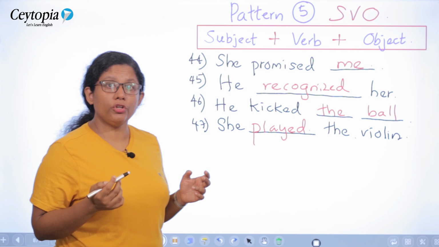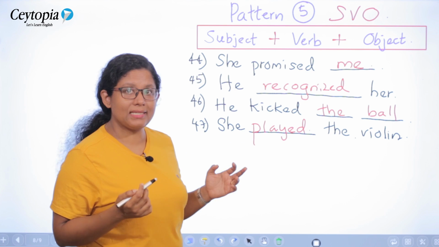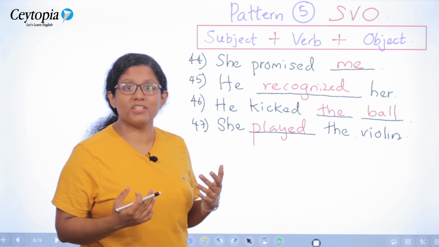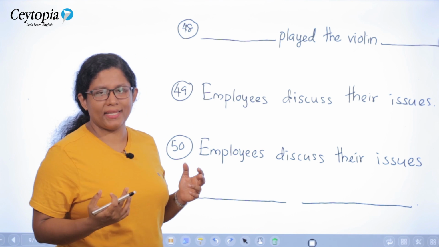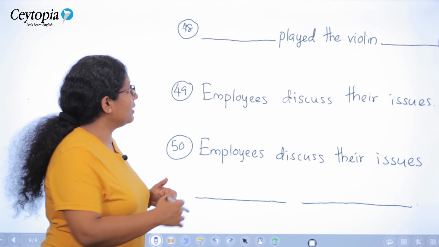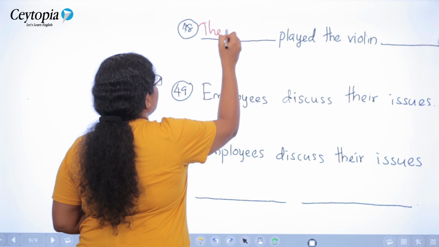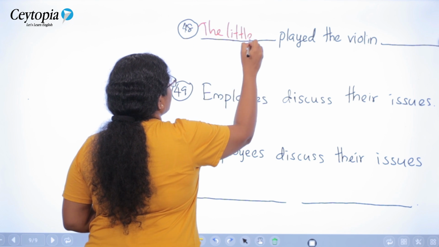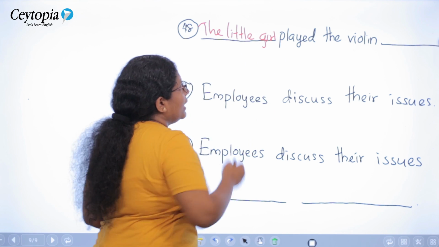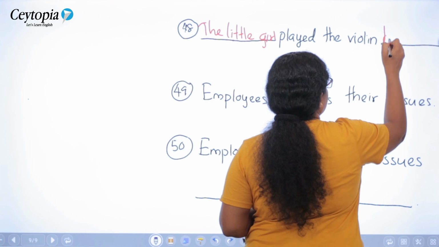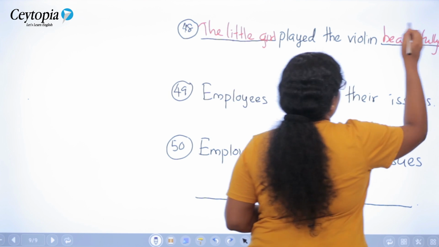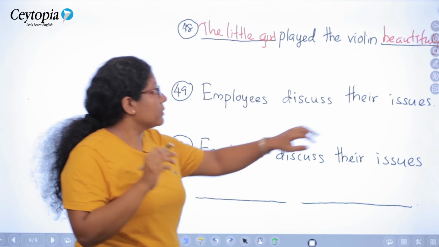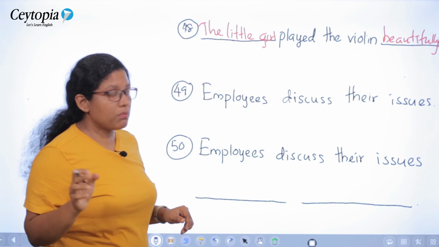Now I am going to show you how we could expand these sentences using additional words. Number 48. We simply said she played the violin. Now this time you can say the little girl played the violin beautifully. You have the standard pattern subject verb object.